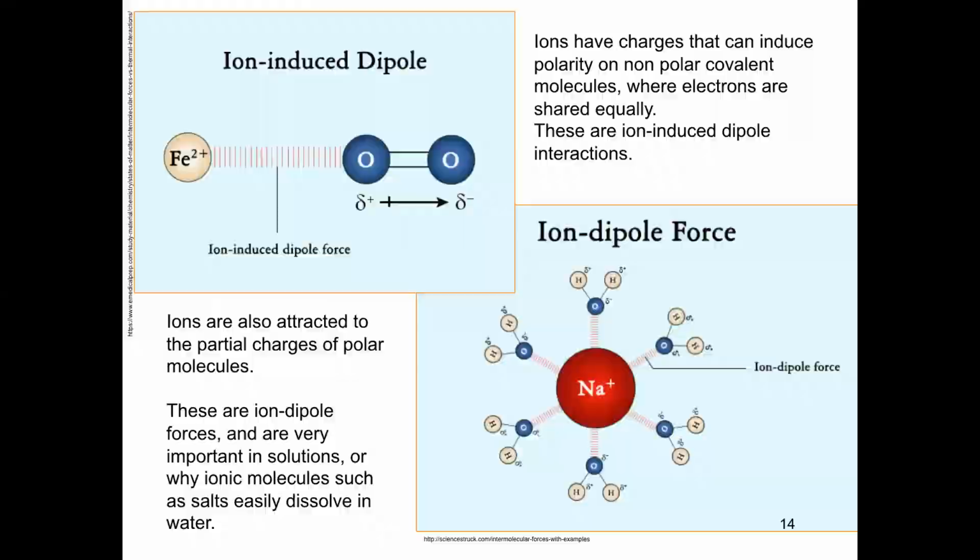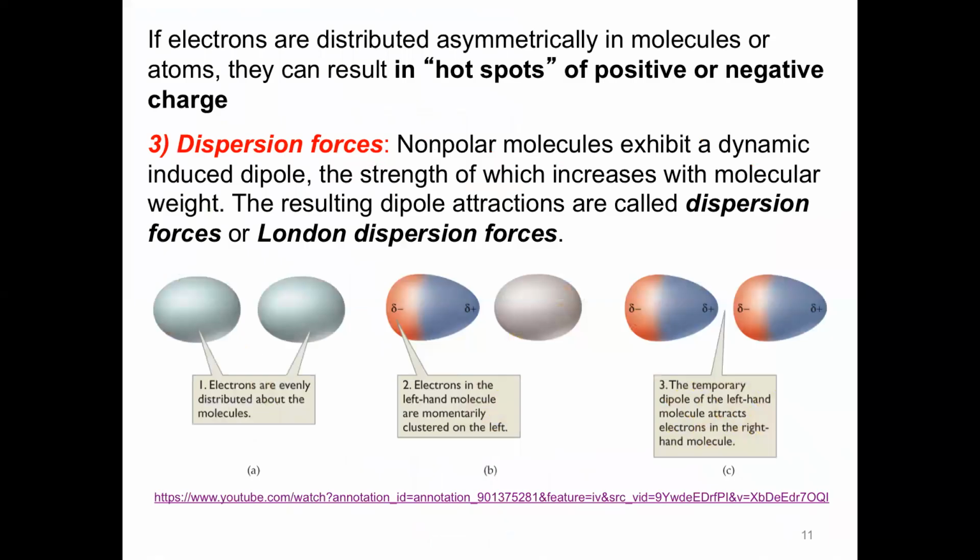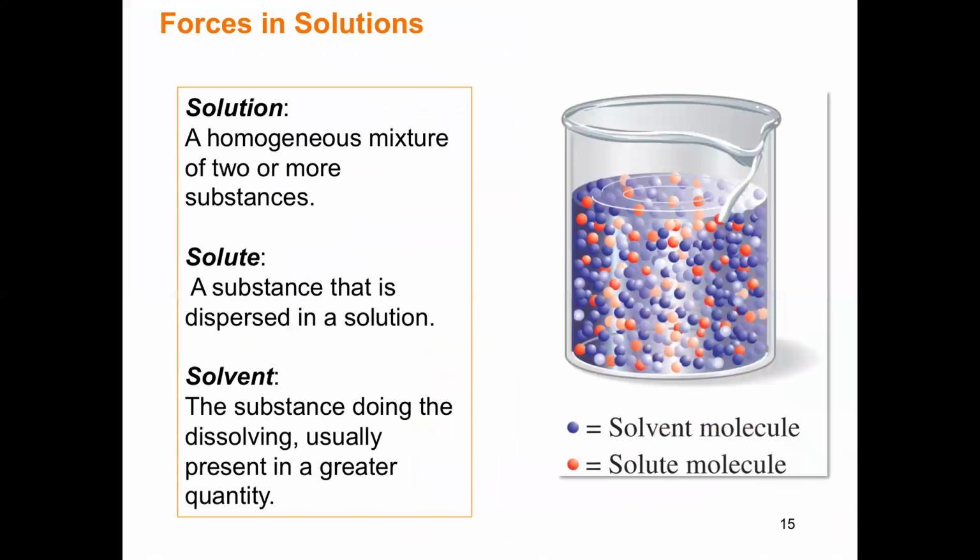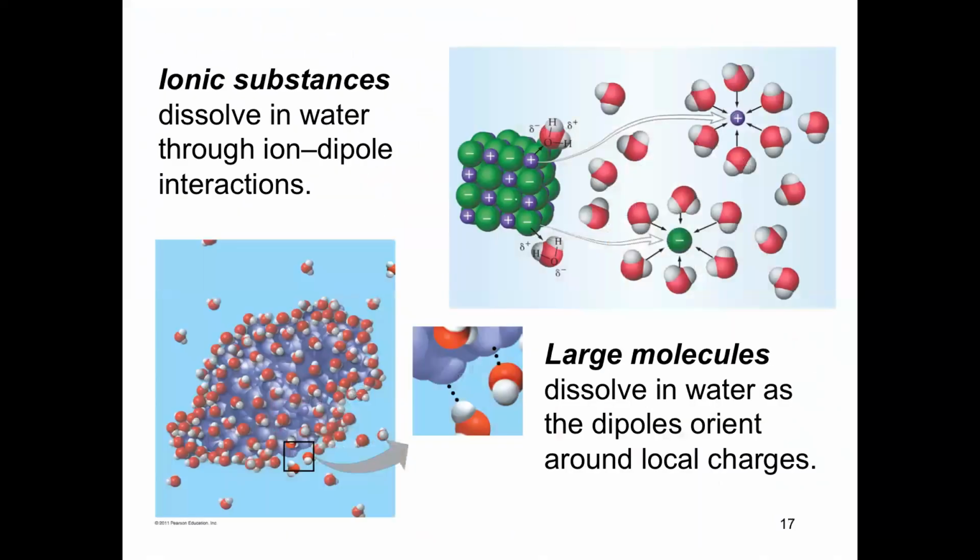So we're thinking about this idea of these resulting hotspots. So now say you're in a polar environment, and these larger molecules that are made up of many, many, many atoms, those electrons can have this induced polarity and also be able to dissolve in water.